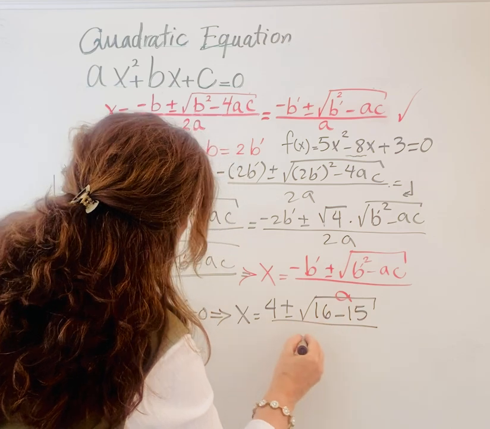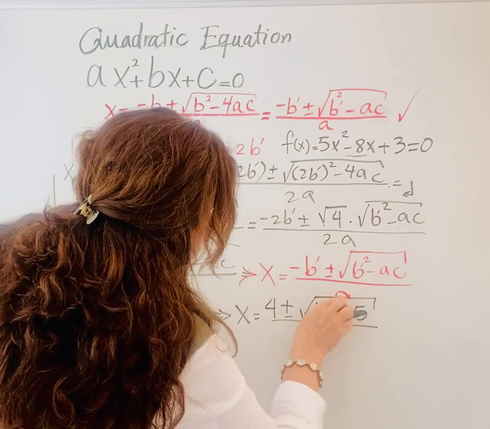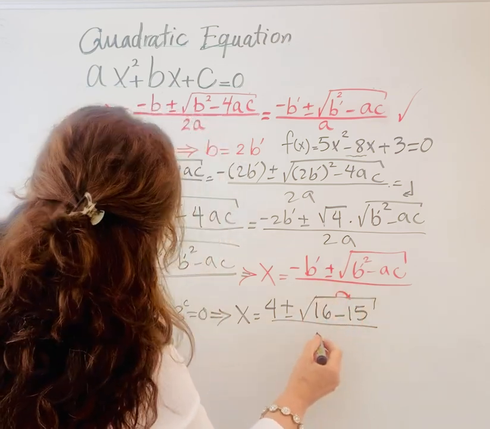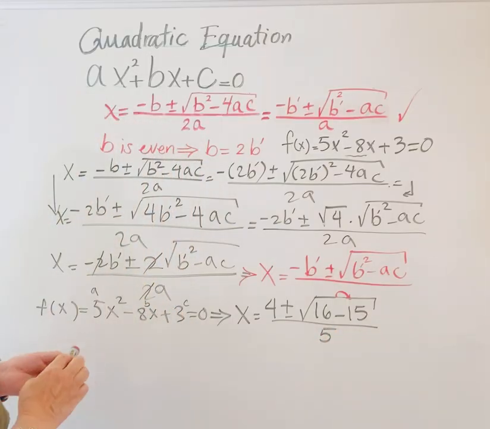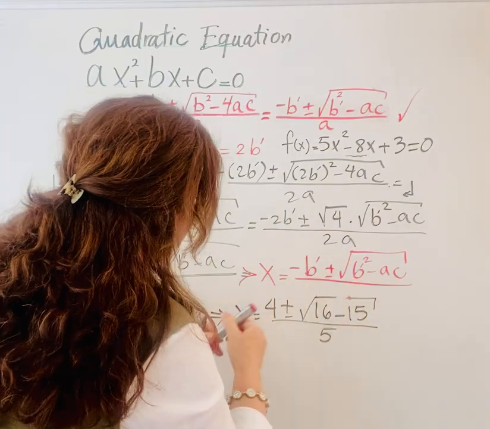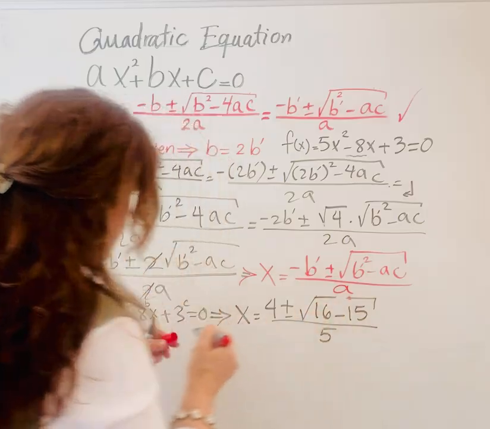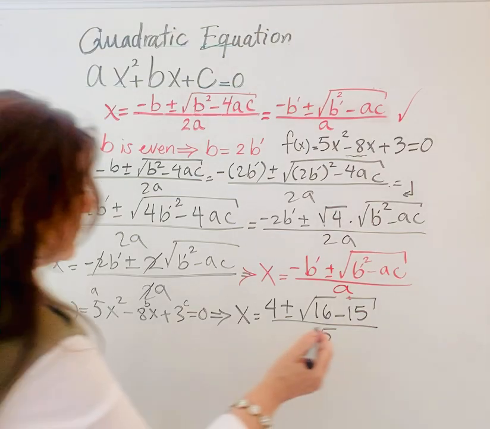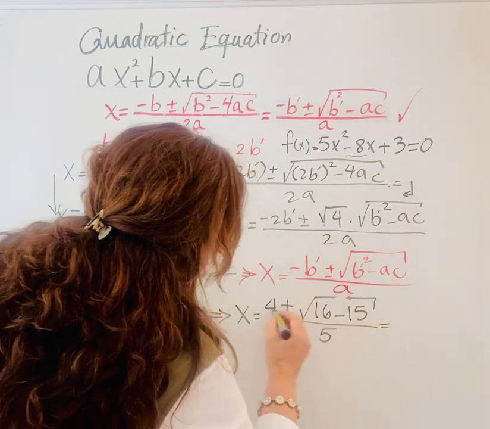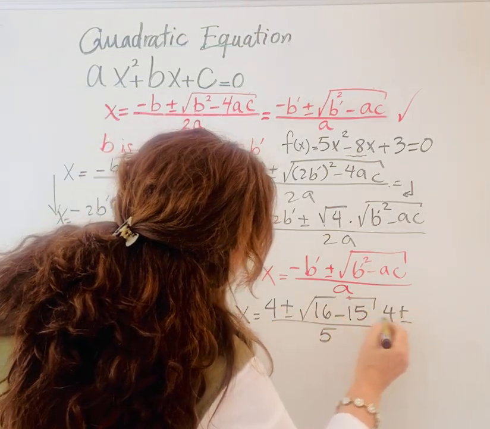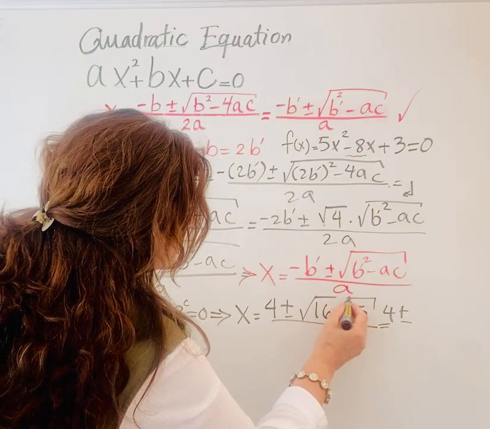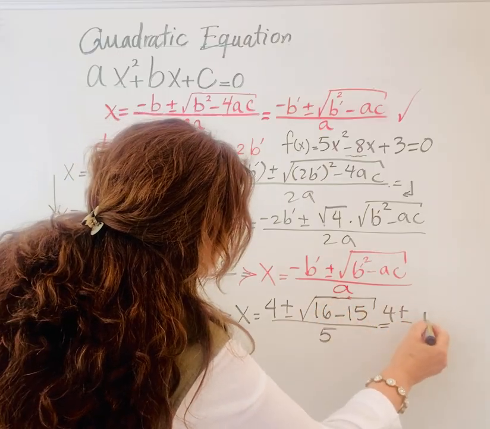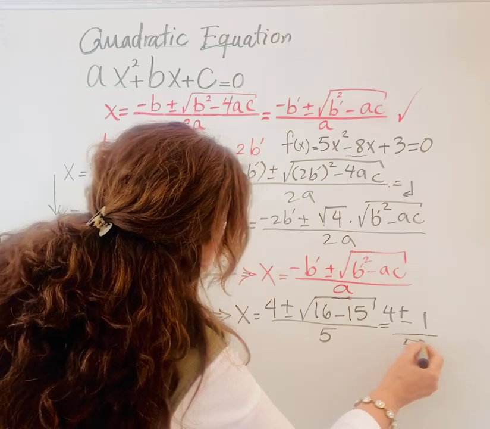Over what? Over a. a is 5. Are you with me? Good. Okay, now we can write this: x equals 4 plus or minus the radical of 16 minus 15, which gets 1, over 5.